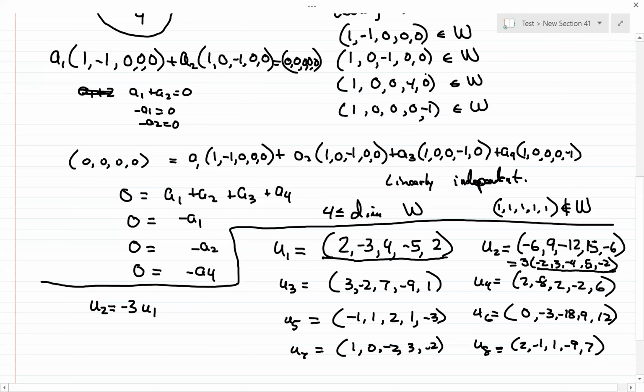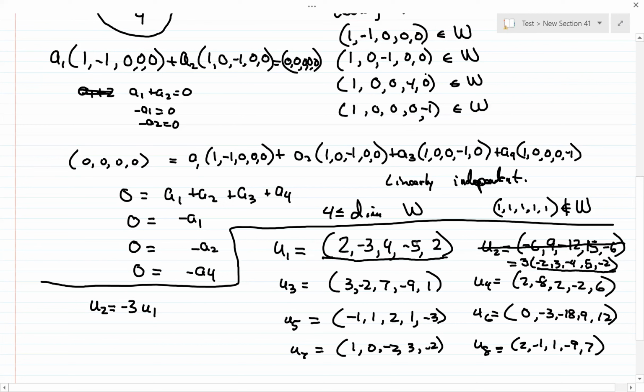So what does that mean? That means I don't need both of these vectors in my collection, because if I have U1, then I can create U2 by taking a scalar multiple of it. So I'm going to throw out U2 and keep U1 so far.